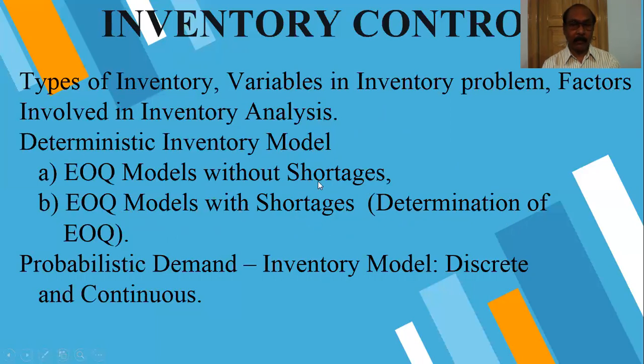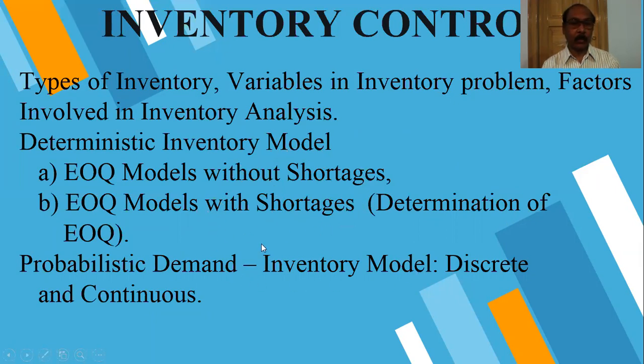During that time, the production should be stopped, and loss is related to that. When you go through the study of the shortage model, we will learn what costs are related to it.